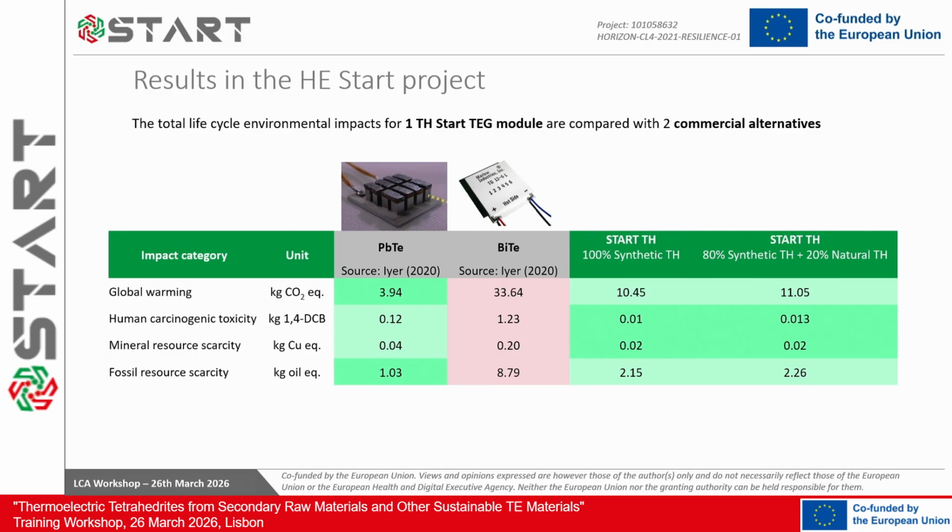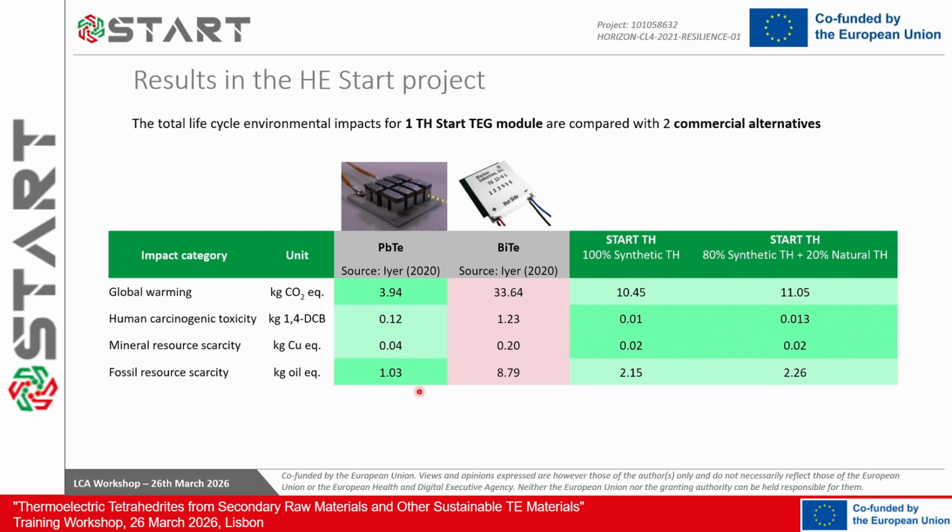So as you can see, bismuth telluride in terms of environmental impacts is the worst in all of the four categories that we have listed here to show. And then you have lead telluride, which is in fact less impactful than the START project alternatives in global warming and also in fossil resource scarcity.